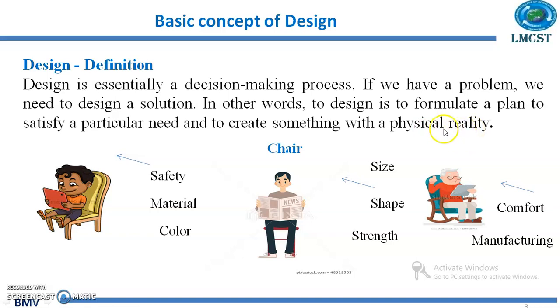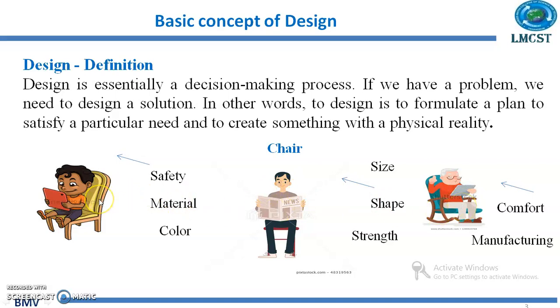So let us take an example of a chair. You are asked to design and manufacture a chair. What are the questions coming to your mind? You can consider a number of things, and the first one is: is it for a kid, or for an adult, or for an elderly person?